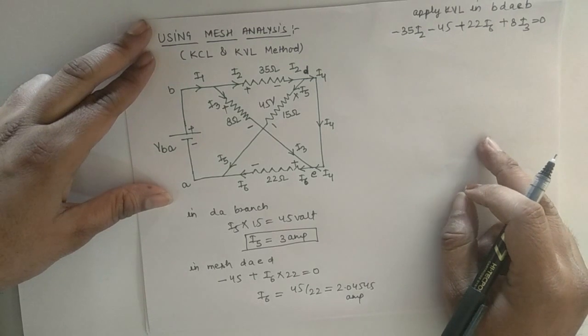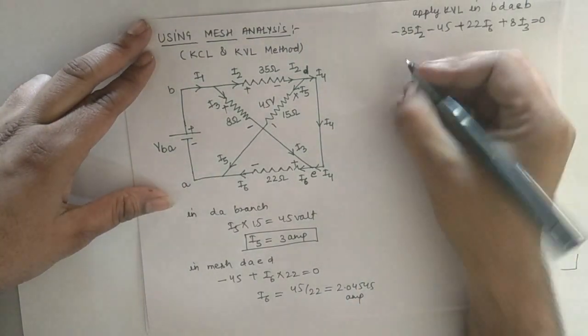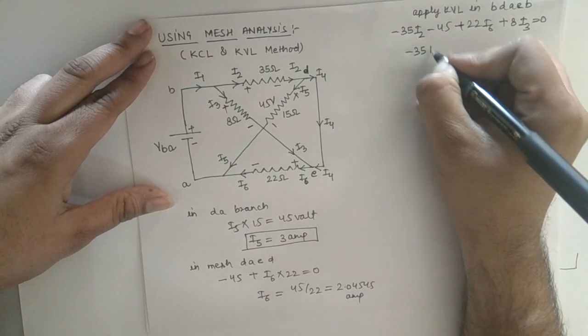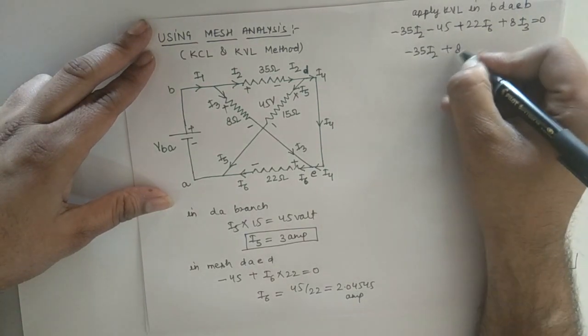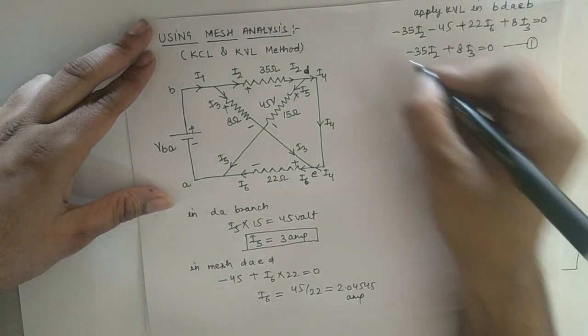Now we put here the value of I6 and we get minus 35 I2 plus 8 I3 is equal to 0. So this is equation number 1.